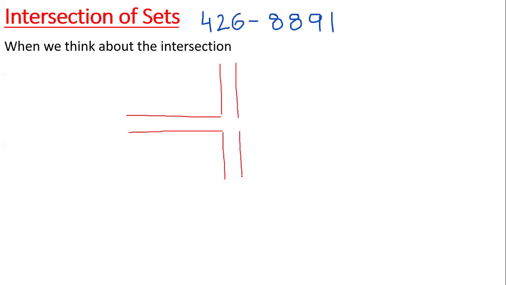A T-junction, yes. And then you have this road right here. So this is the intersection right here.